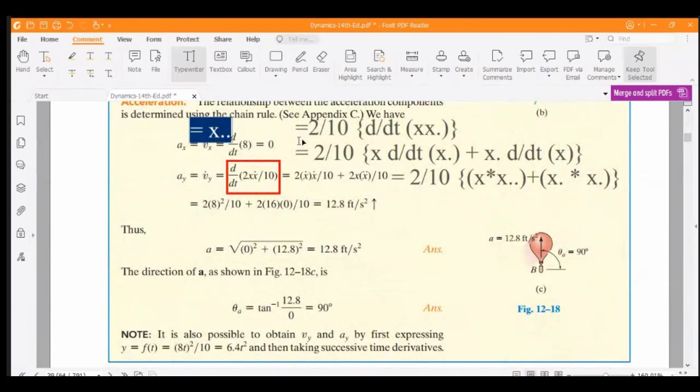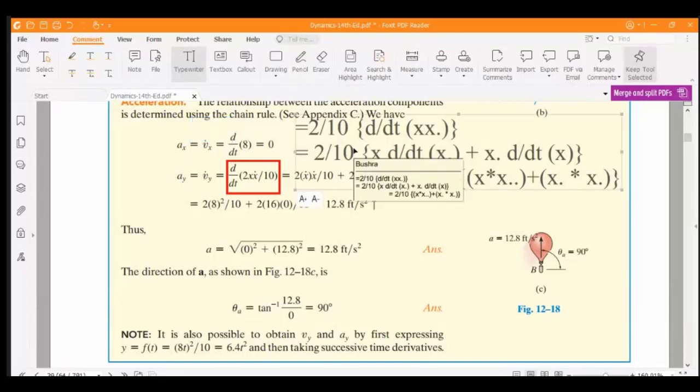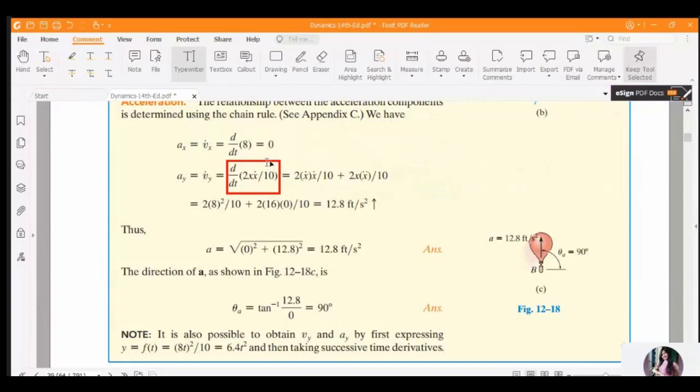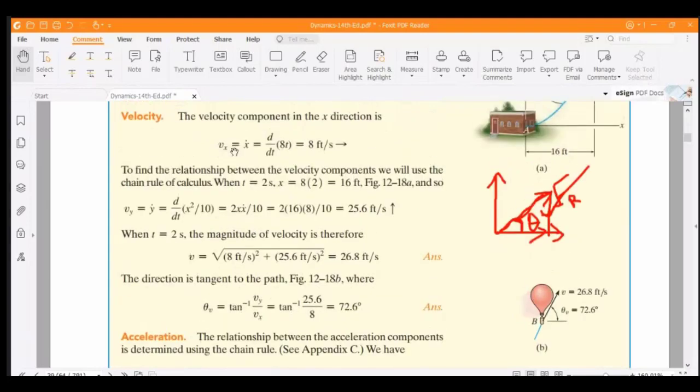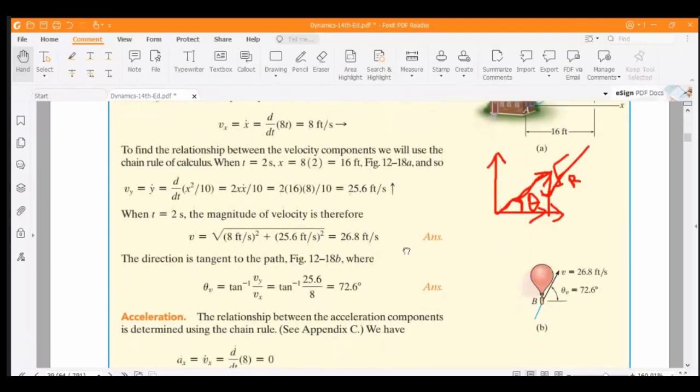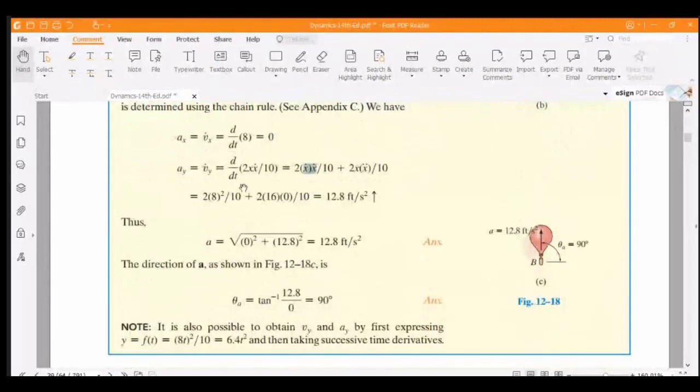Then a y equals, we calculated like this. As it is x dot and x dot, we know x dot equals 8 feet per second, previously calculated. So 8 multiplied by 8, 8 square, 64, multiplied by 2 divided by 10.